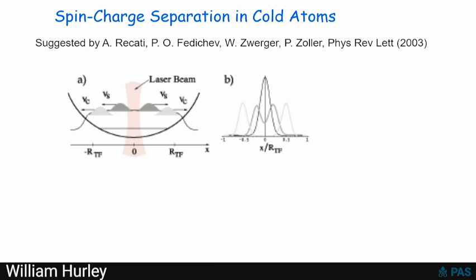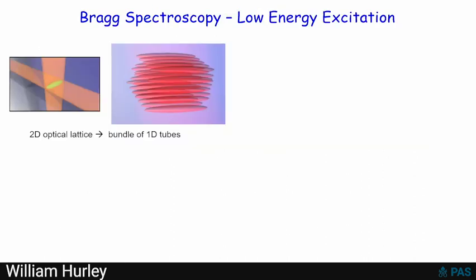And they had ideas on how to see this spin charge separation in cold atoms back in 2003. And Alessio happened to be visiting my lab at that period of time. And I got interested in the problem from talking with him about this work. There's something else called Bragg spectroscopy, which turns out to be a more quantitative technique.